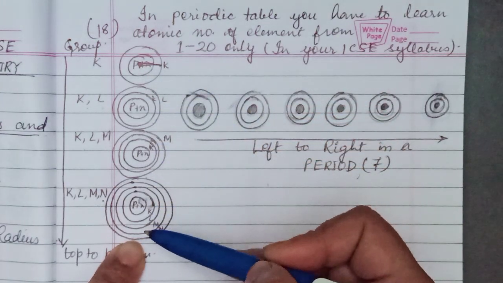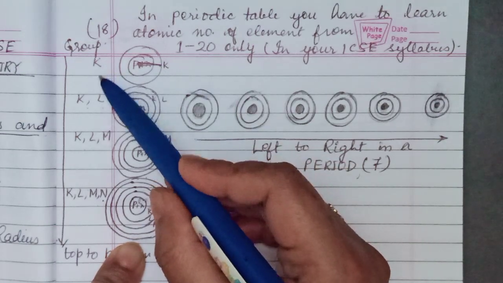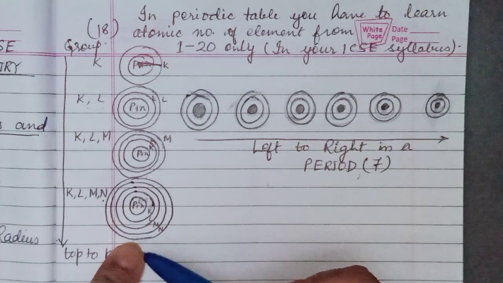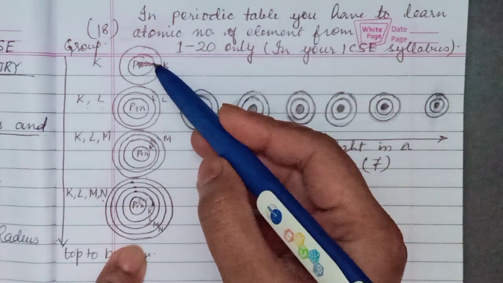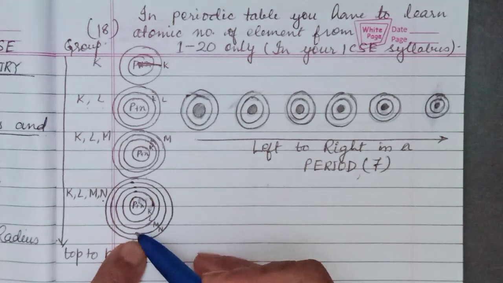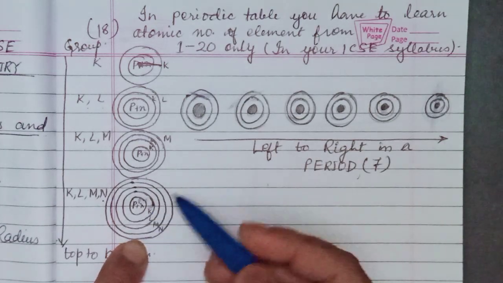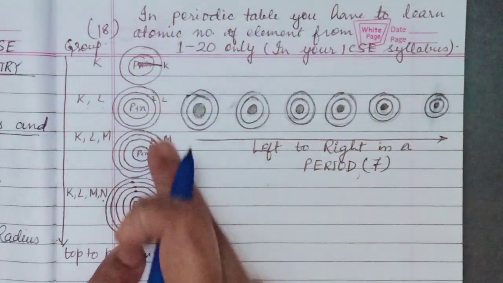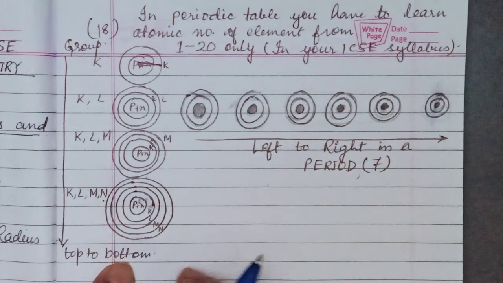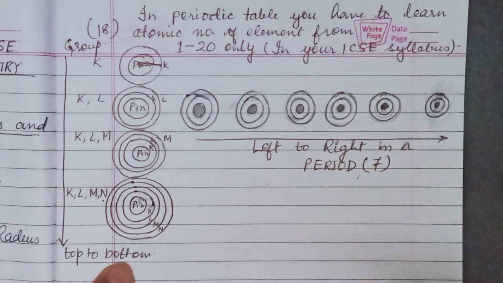Why is it increasing? Because we are adding one more shell in each step. So this is the reason why the atomic size is increasing when we are going down in a group. This is because the number of shells has been added.